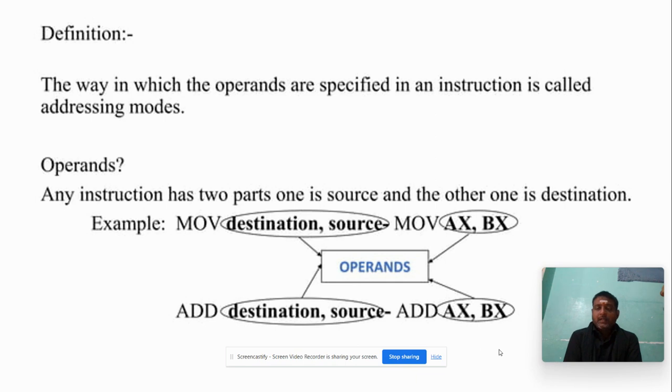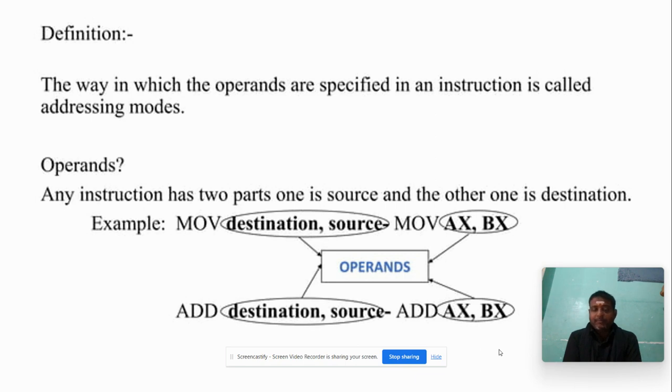Next, the operand is further divided into two parts: source and destination. The instruction format of the 8086 microprocessor basically consists of two parts, opcode and operand.